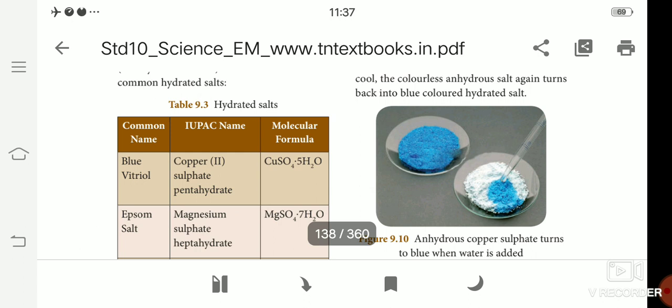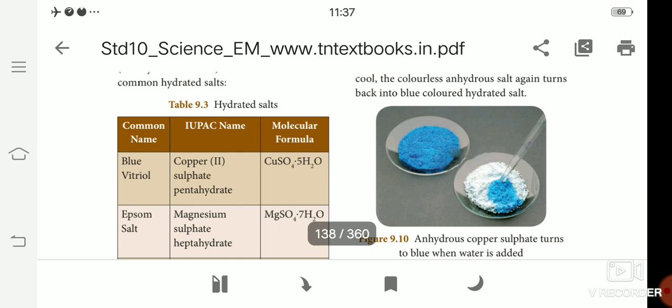Then gypsum. The IUPAC name is calcium sulfate dihydrate. Di means 2. The formula is CaSO4 2H2O.